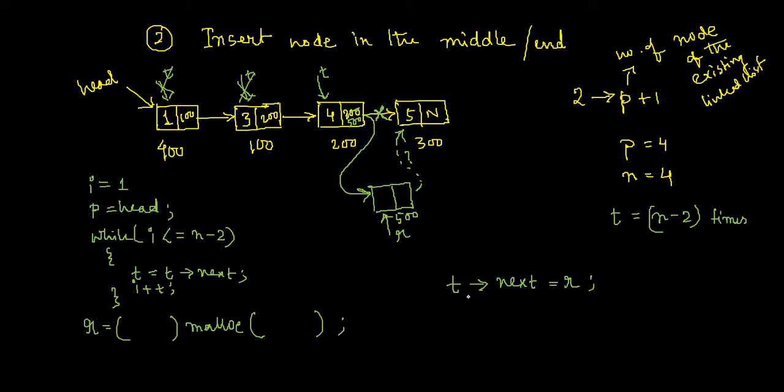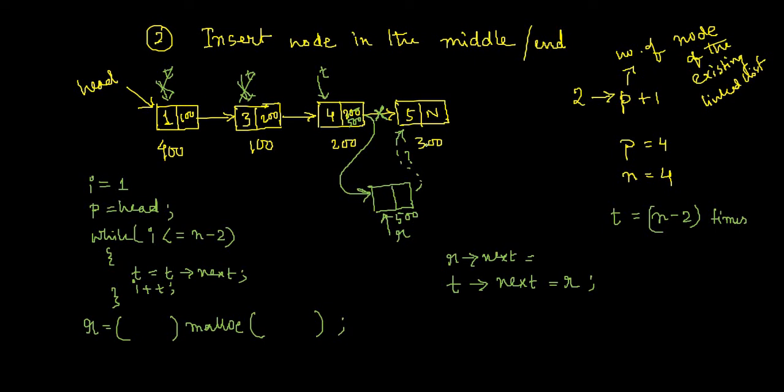That means writing T next equal to R will be a foolish job before you connect this newly created node with the last node. You should not write T next equal to R at the beginning. Rather, you must initialize R next equal to something. Something is nothing but the address of this one, that is 300.